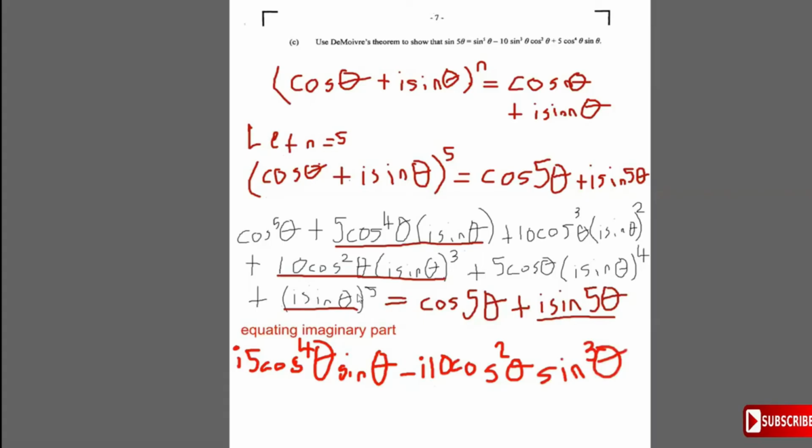And then right here I have i sine to the 5th, and i to the 5th is just i, so I just have i sine to the 5th, and that's equal to i sine 5 theta.